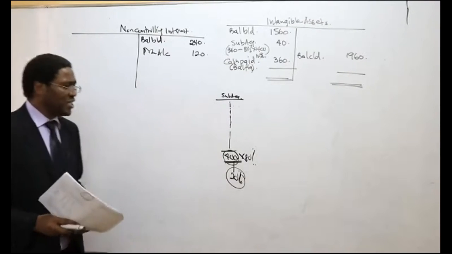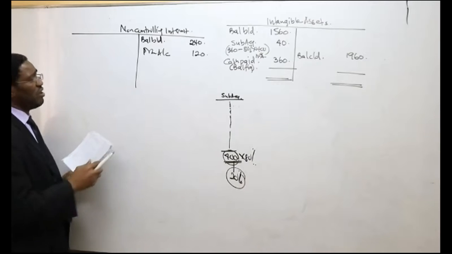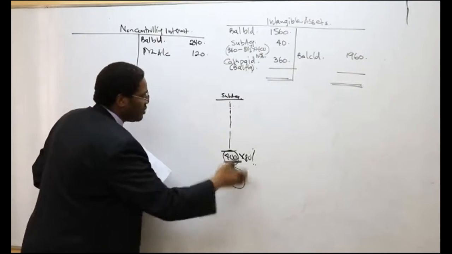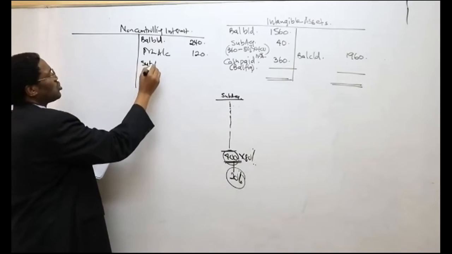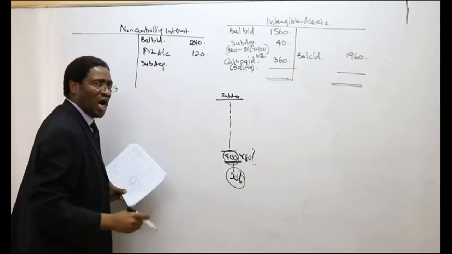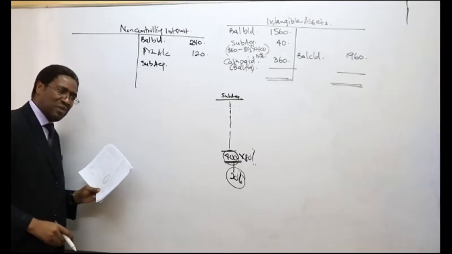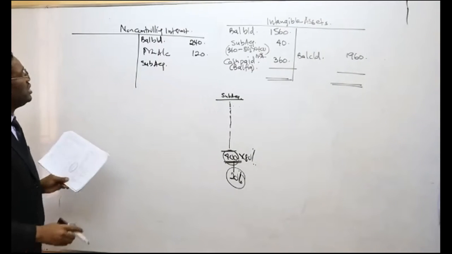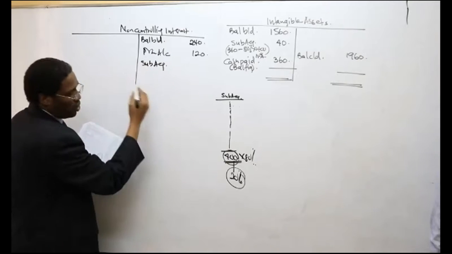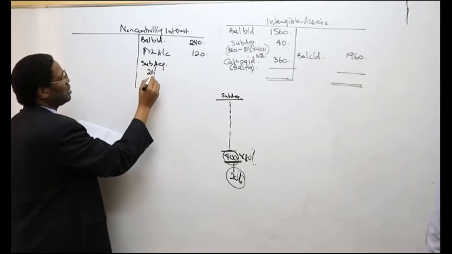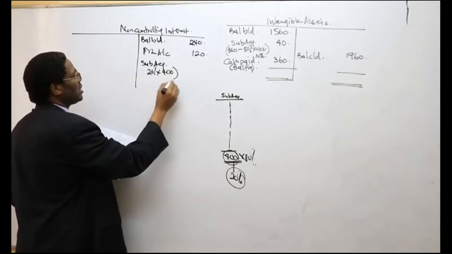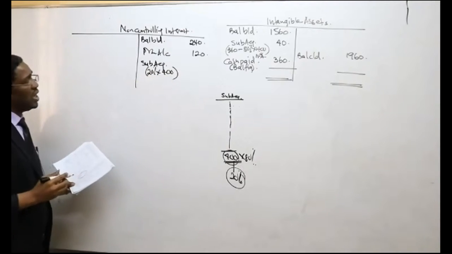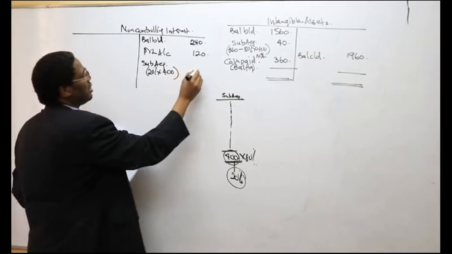So as a group, we owe them another 20% of the net assets. As a result of acquiring that subsidiary, our liability to the non-controlling shareholders increased by 20% of 400 million, and that comes to 80 million.